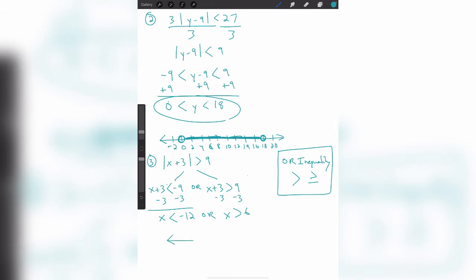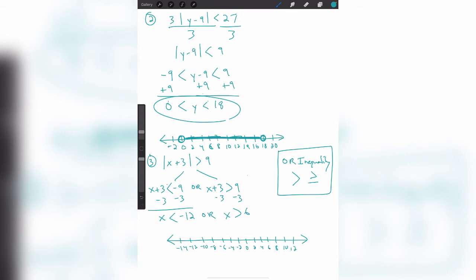And let me draw my number line here. And let's just say I start with negative 14, negative 12, negative 10, negative 8. And I continue to number this. As long as you keep a consistent pattern, like I'm just using even numbers here, but you can use any numbers that you want.